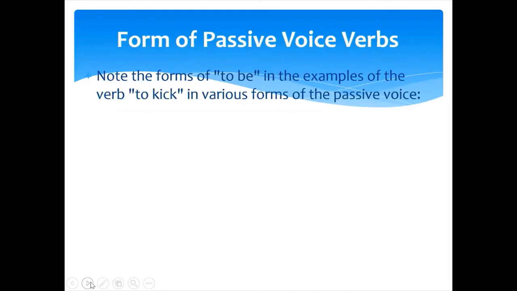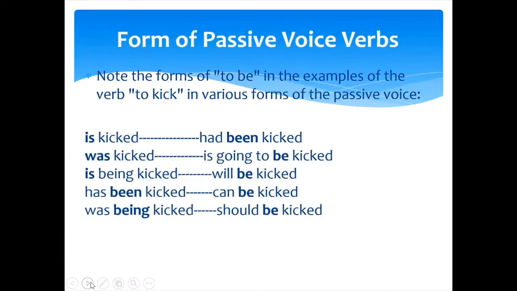Note the forms of to be in the examples of the verb to kick in various forms of passive voice. Is kicked, had been kicked, was kicked, is going to be kicked. Now these are some examples of verbs being changed into passive voice verbs.